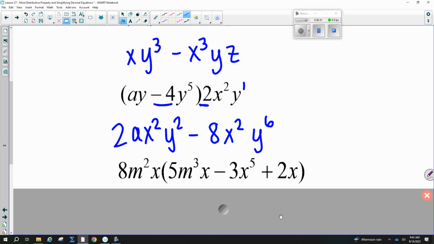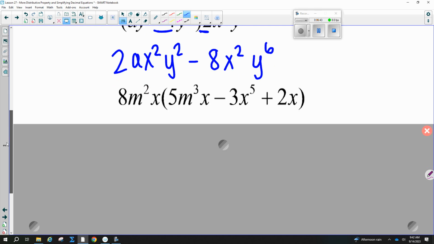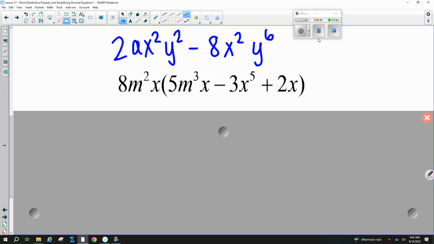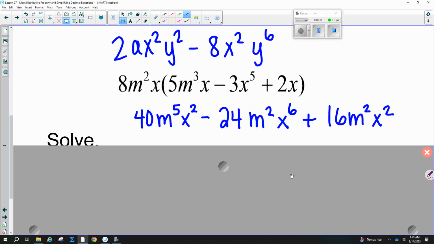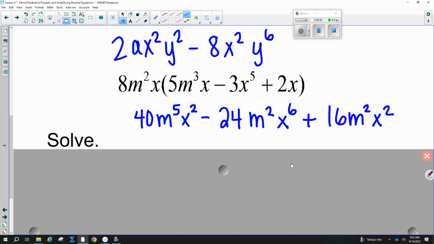All right, go ahead and pause the video. All right, let's check our answer. All right, so again, make sure you multiplied to get 40, multiplied to get -24, multiplied to get 16, and then added exponents throughout.